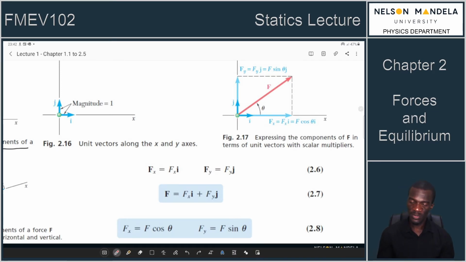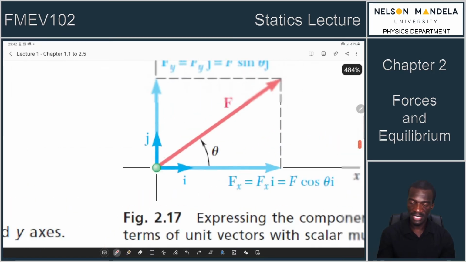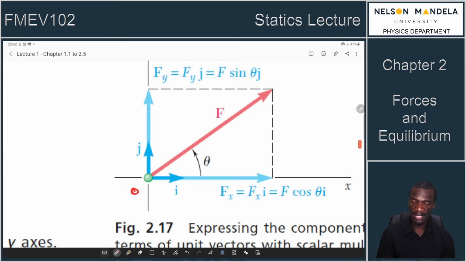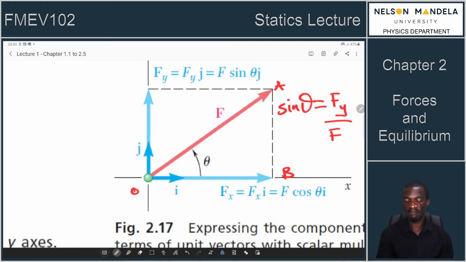We've done this before, so you can see that this is your Fx in the I. And then, if you use trigonometry, we can see from this triangle, which we can name triangle OAB, that using the sine ratio, the sine of the angle theta is simply equal to the opposite, which is the vertical component, which we can call Fy, over the hypotenuse, which is the main force F.